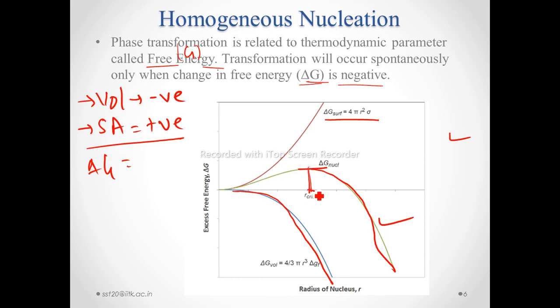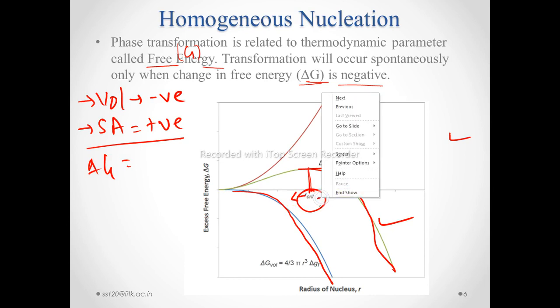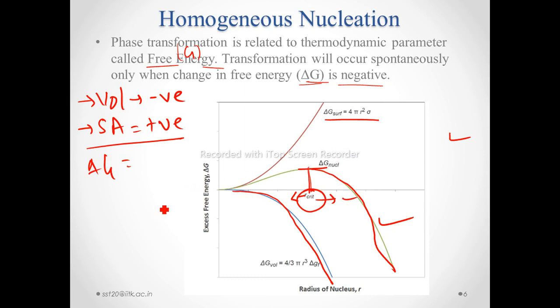If it is R, the formation of R which is below this one is called clusters, and if the radius of the nucleus is more than the critical radius, this is called a stable nucleus. How it will be formed, I will explain in the upcoming video.